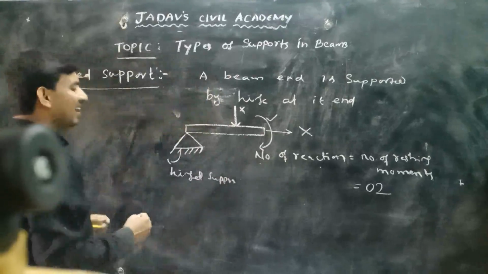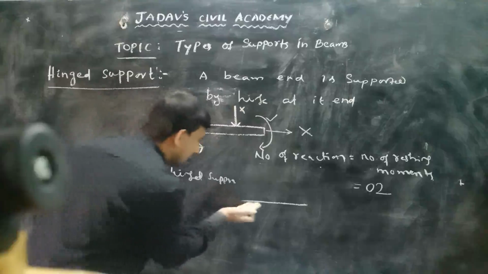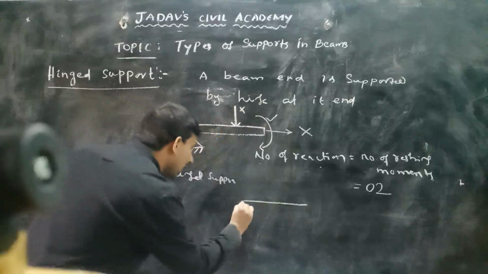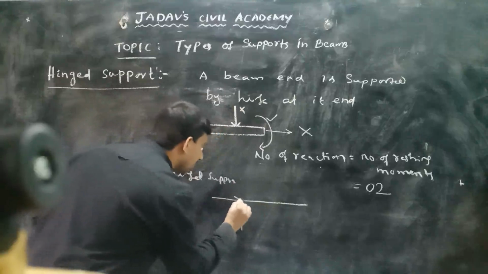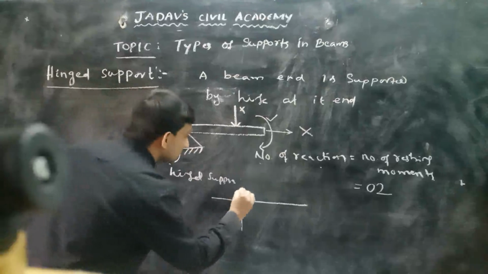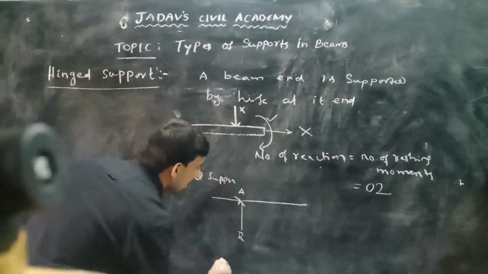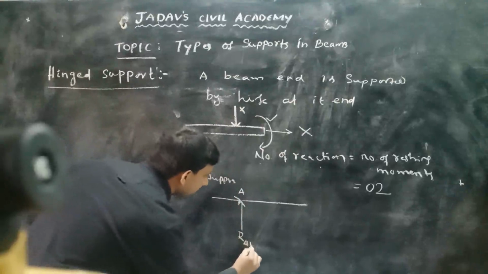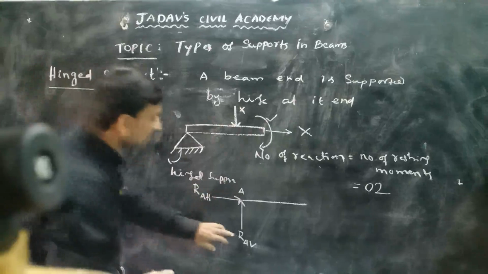So how do they look in the analysis? Say this is the center line of a beam, and one reaction is acting in the vertical direction and another reaction in the horizontal direction. Suppose they are acting at a point A. Then we write this as RAV and this as RAH.